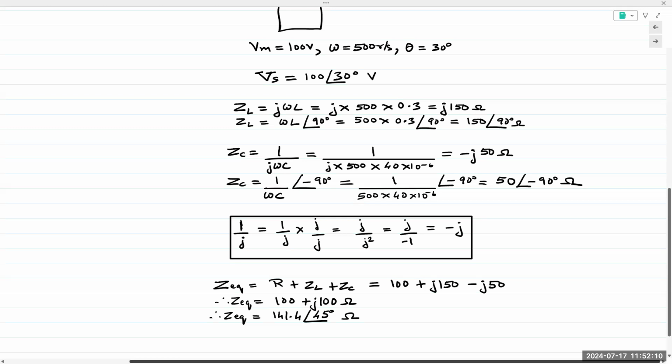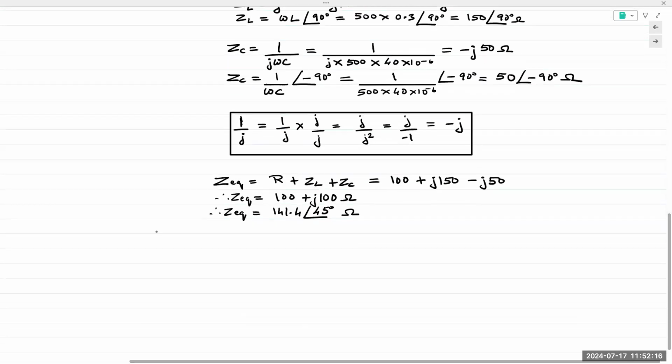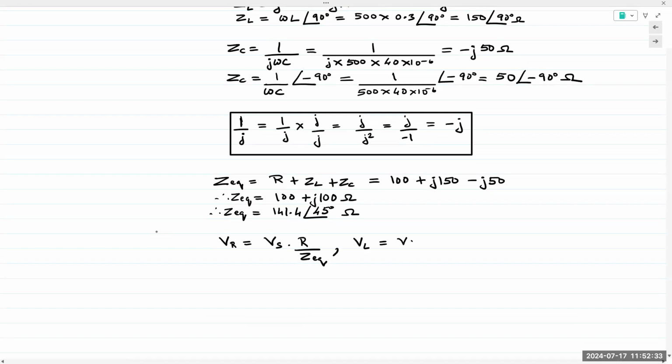What I'm going to do is not skip that step, because I want to show you how to find the current and then find the voltages. But I will write out the equations so you can practice. VR would be Vs times R divided by ZEQ. VL would be Vs times ZL divided by ZEQ.